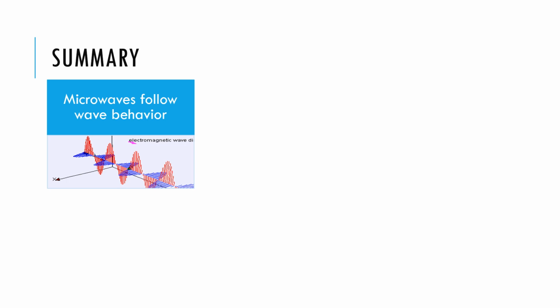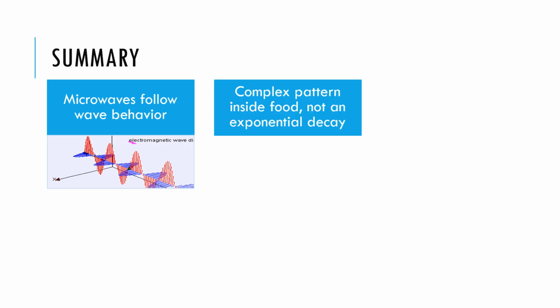And because microwaves are part of the electromagnetic spectrum, they follow the rules for other electromagnetic waves. And then we talked about how the electromagnetic wave would behave not in a food in an oven, but in very simplified geometry, like in a very thick material with plane waves falling on them.